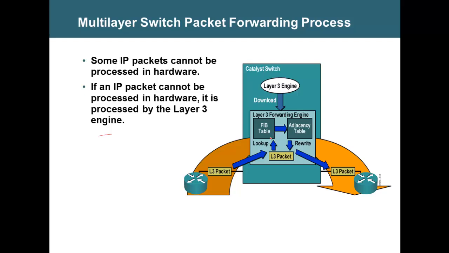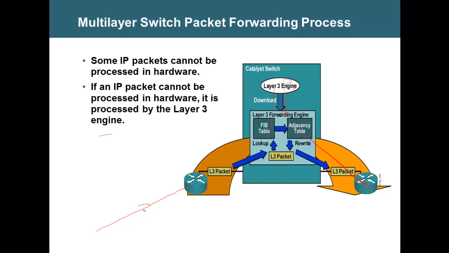What if there is no information? There is new traffic coming, fresh traffic. The packet comes in, checks the FIB table, no information. What will it do? Go to layer 3, ask the control plane, what should I do? The control plane will say, do like this. So that information is downloaded and the packet will be forwarded accordingly.